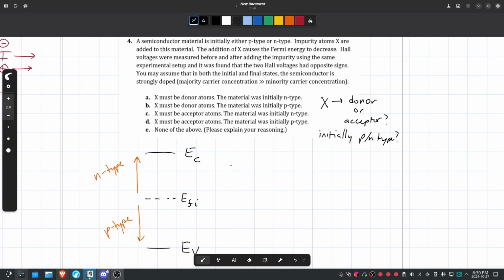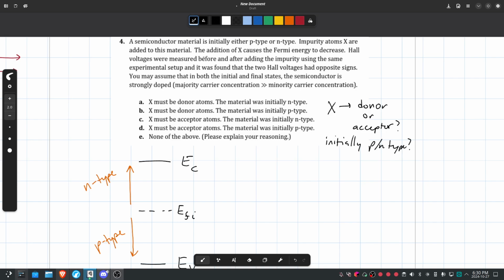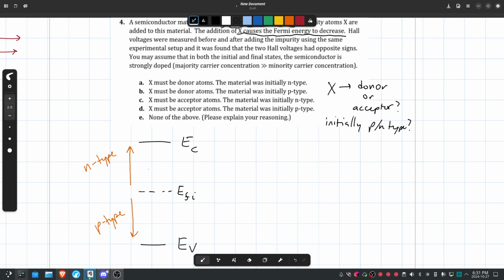So what information does the question give us? It's initially either p-type or n-type. The addition of X causes the Fermi energy to decrease. So what is that telling us? That means that we have some EF, we don't know where yet, and it has gone down. This is EF after, this is EF before.